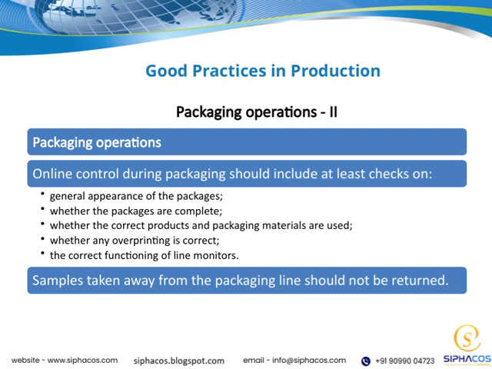Second, consistent training of personnel involved in packaging processes is vital. Well-trained staff are more likely to follow procedures accurately, reducing errors and waste. Third, implementing strict quality control checks throughout the packaging process helps catch issues early on. This way, we can address problems before the product reaches the customer.